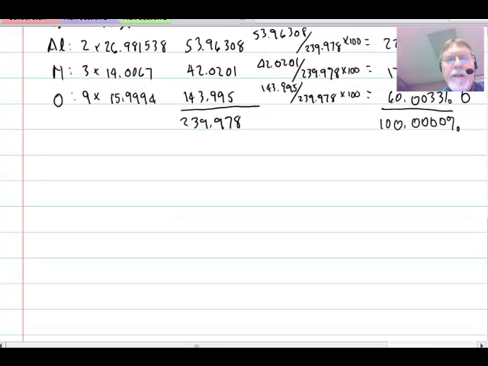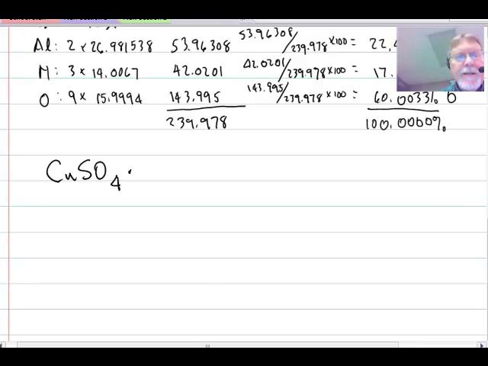Let's take a look at another example. Let's do an ionic compound, copper sulfate pentahydrate. We would write this out CuSO4 · 5H2O.